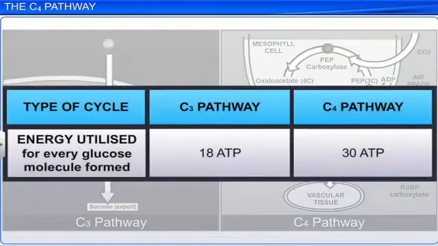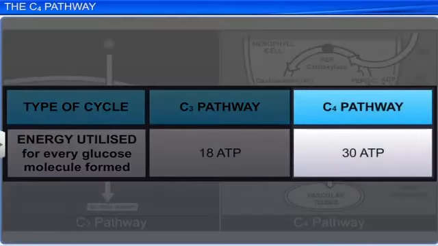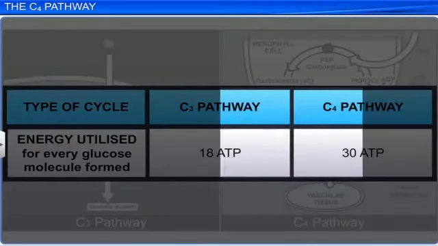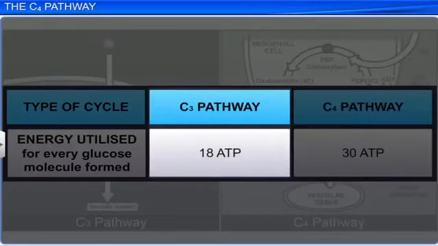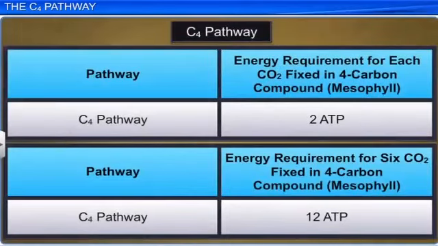As per energy requirements, the C4 pathway is a little expensive compared to the C3 pathway. This is because the C4 pathway consumes 2 ATP molecules for every carbon dioxide molecule fixed. Therefore, fixation of 6 molecules of CO2 requires 12 ATP molecules.